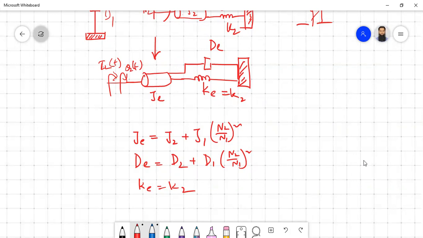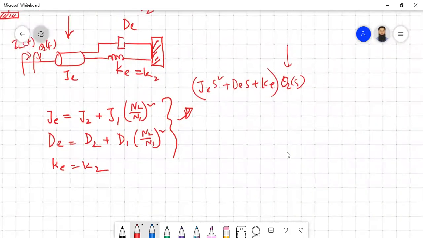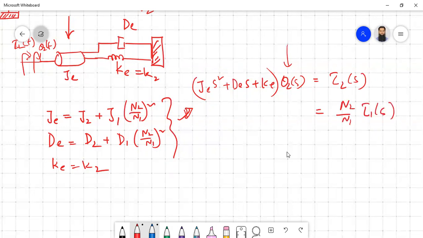So if you write the equation, it will be J equivalent s squared plus D equivalent s plus K equivalent, whose parameters are already figured out, into theta 2(s), equal to tau 2(s). But the relation has to be in terms of tau 1, so tau 2 can be replaced by N2 by N1 into tau 1(s). This is the only change.